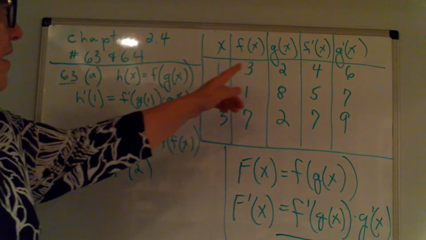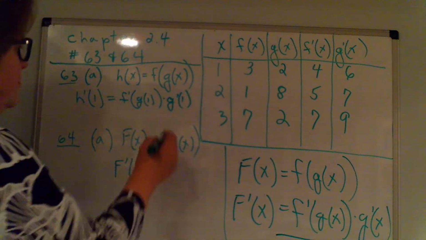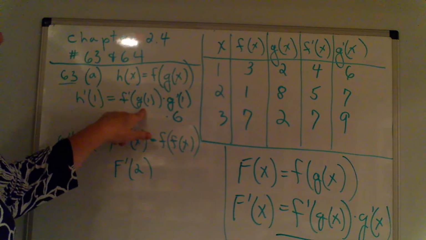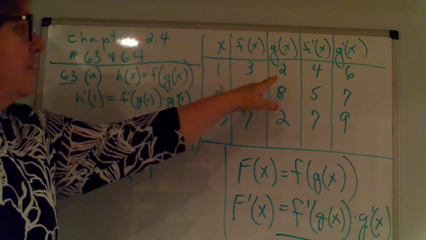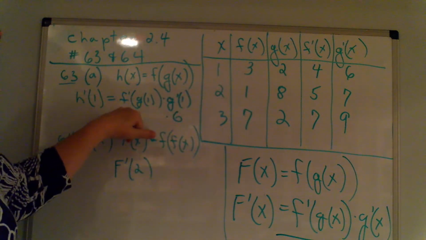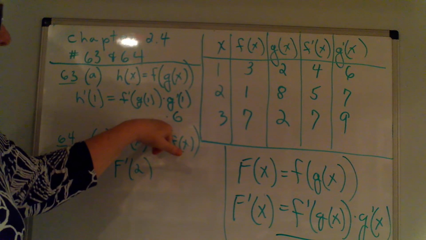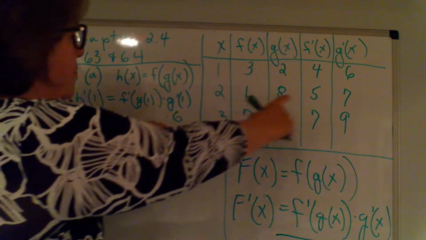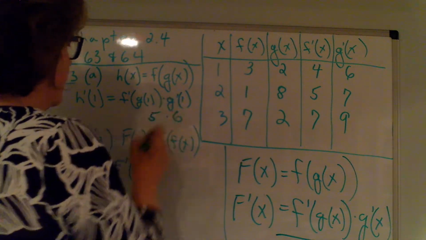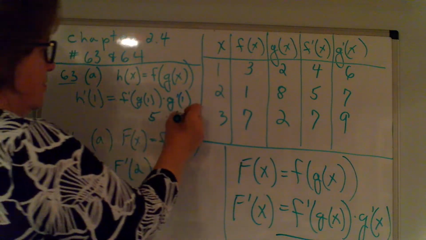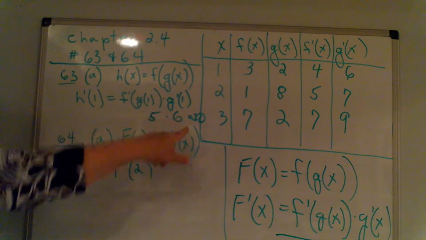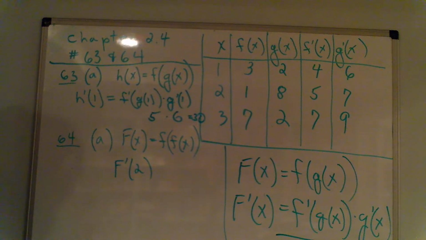Okay, so g prime at 1 is 6, so we know this part is 6. g of 1 is 2, and we want f prime of that. f prime of 2 is 5. So 5 times 6 is 30. So h prime at 1 is actually 30. Okay? You can do part B.